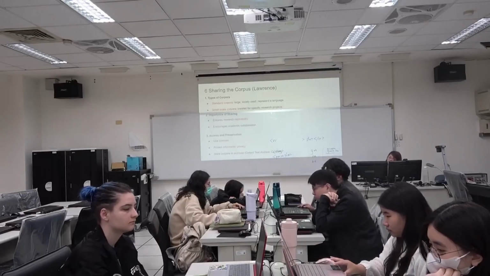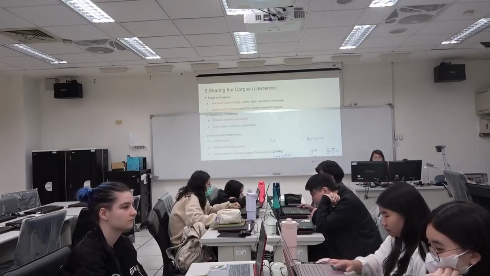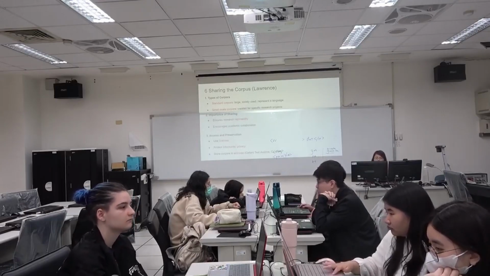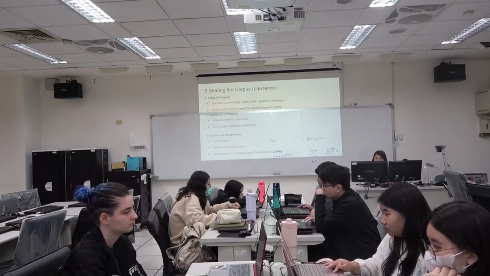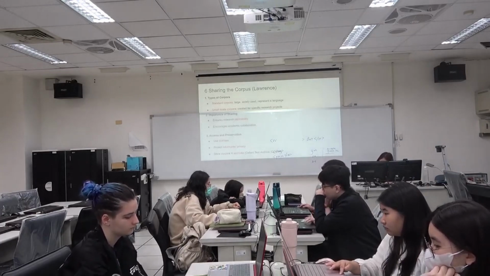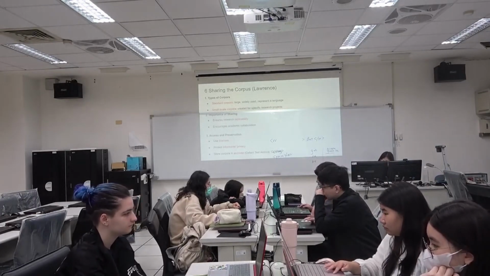And finally, another consideration in sharing the corpus is how to make these resources accessible to others and how to preserve digital data. And the easiest way is to store copyright in archives like Oxford Text Archive or library.